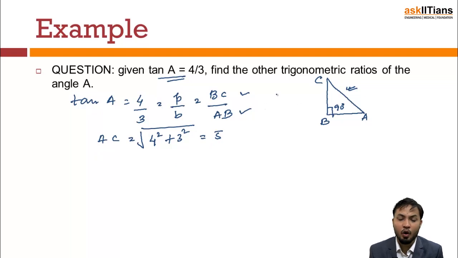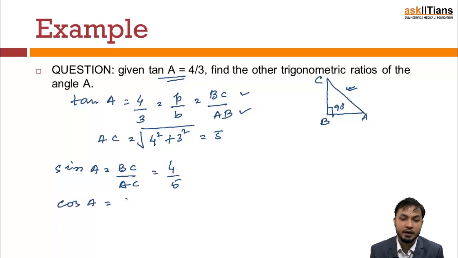So I know all the three sides of the triangle. So my sine A is equal to BC by AC, which will give me 4 by 5. My cos A will be AB by AC, which is equal to 3 out of 5.